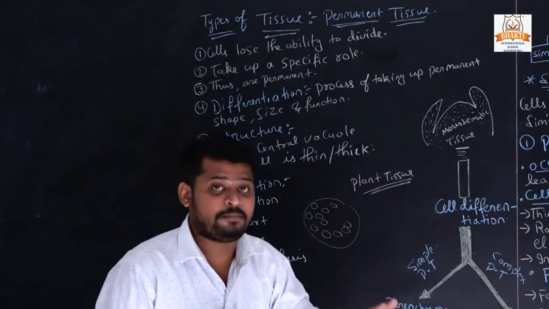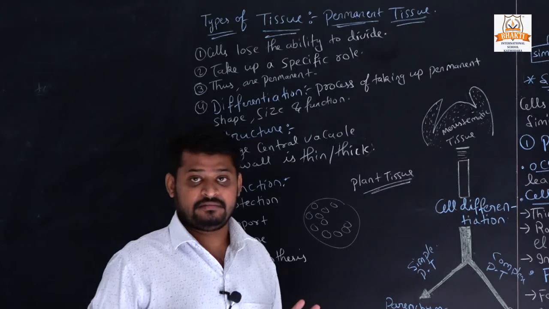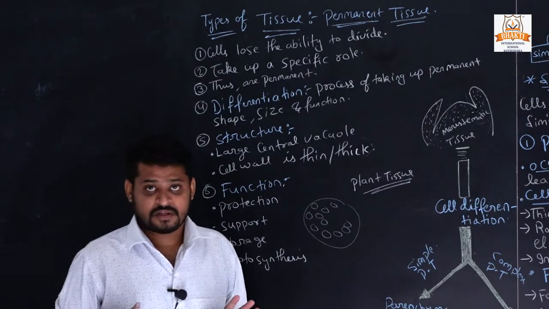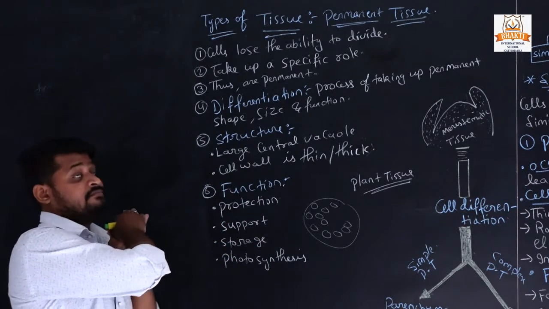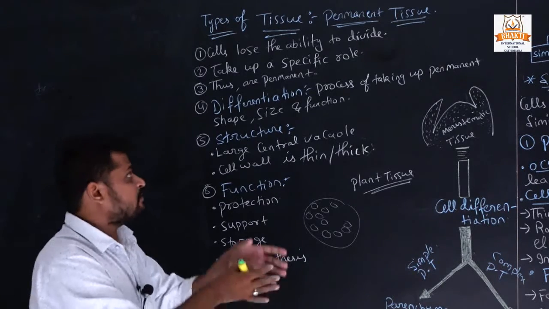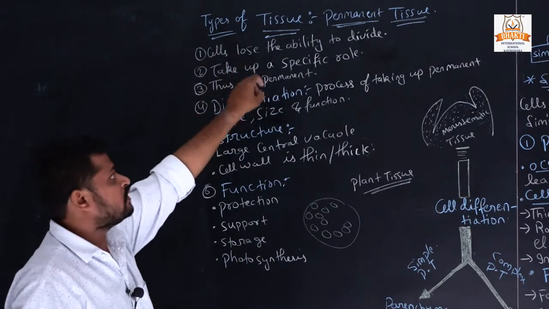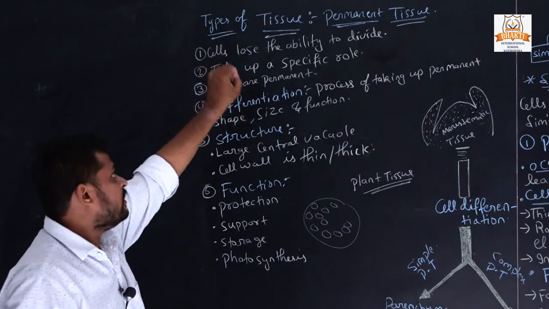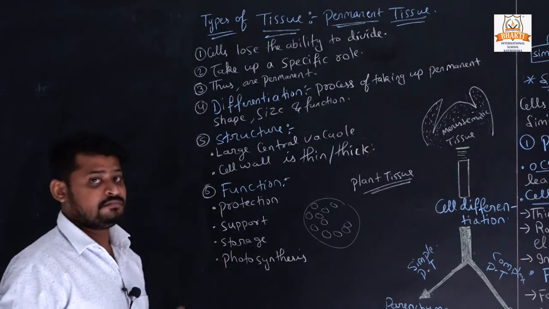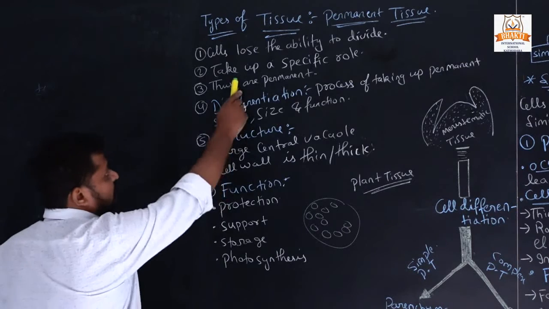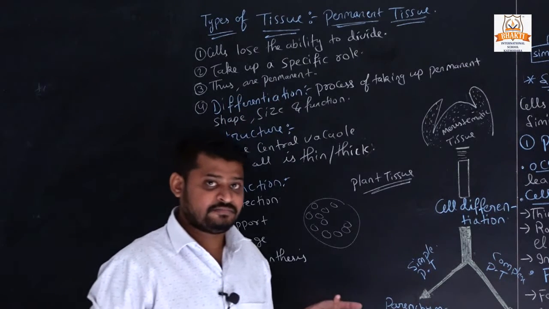They stop and say, now I don't want to divide, and that type of cell is called a permanent cell. So the first property is they lose the ability to divide, get a particular shape and size, and take up a specific role.